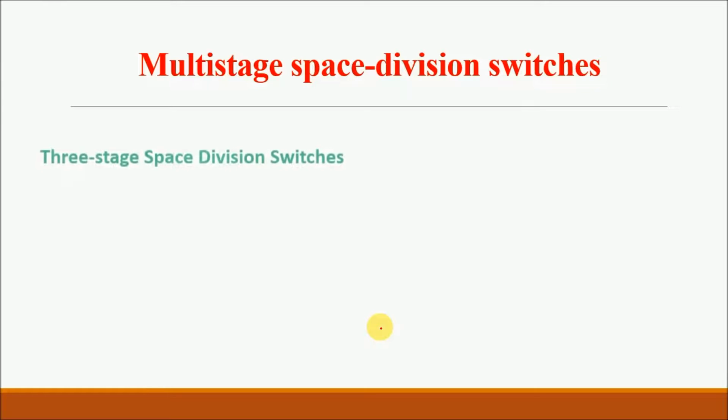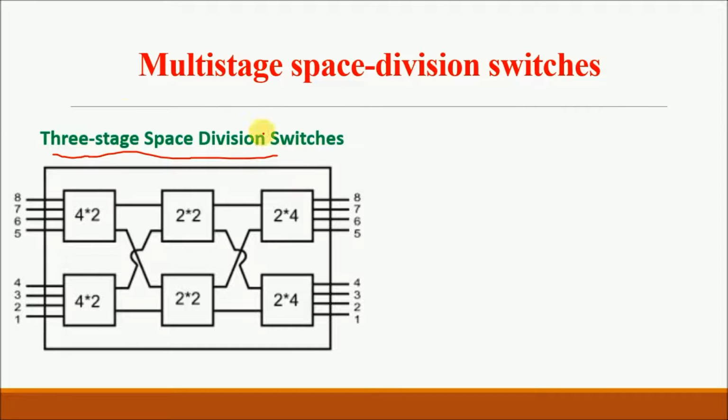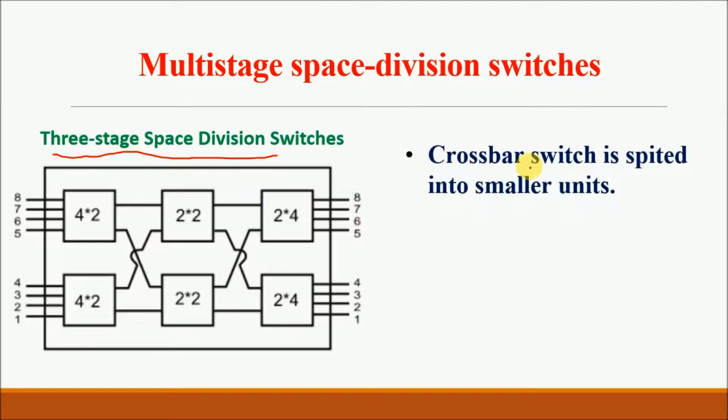Suppose we take an example of a 3-stage space division switching. Here the crossbar switch is split into smaller units. The whole crossbar will be divided into smaller units. Previously that was 4 cross 4, but now it is 4 cross 2, 2 cross 2, 2 cross 4.